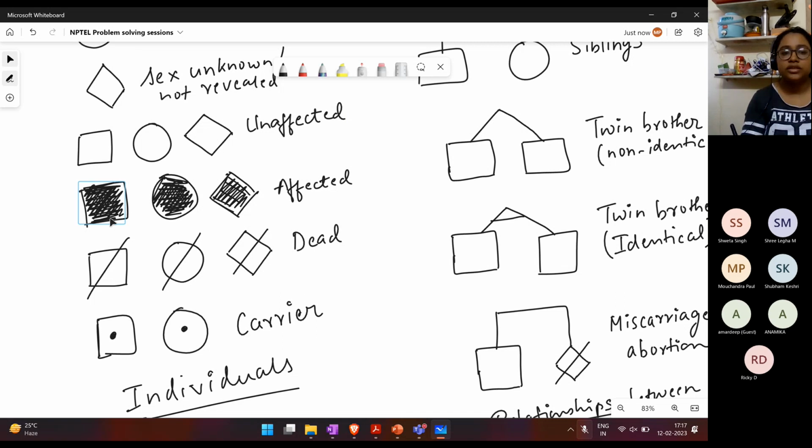We fill it if the person is showing the phenotype, that is, affected. If the person is dead, we cross it like this. And if that person is a carrier of that particular gene, we give a dot. So this is how we denote all the individuals.